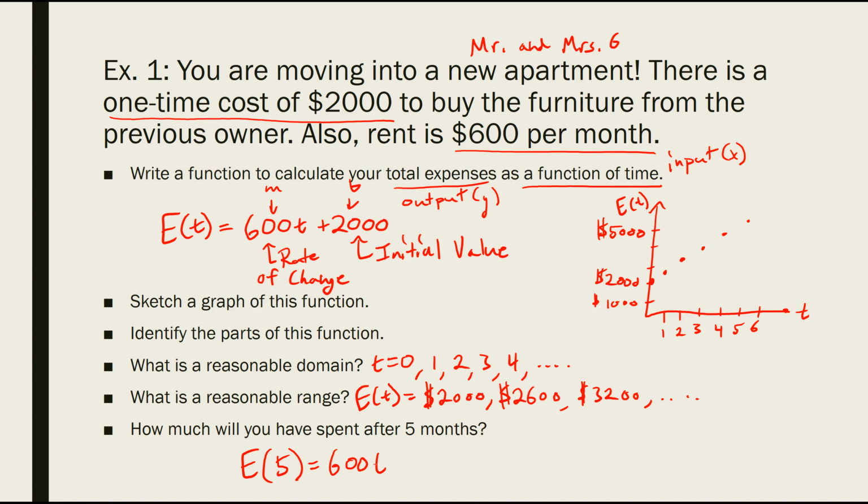So in my equation, I had 600 times t plus 2,000, but instead of t, I'm going to have the 5. Let's calculate that. 600 times 5 is 3,000, and then adding 3,000 to 2,000 is 5,000, and let's use proper units, it's $5,000.